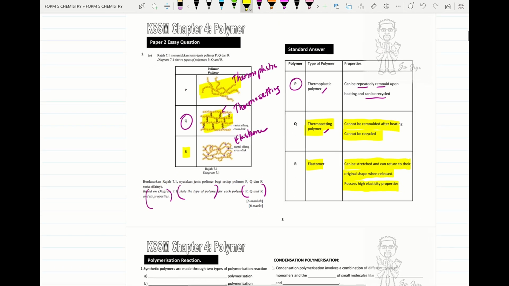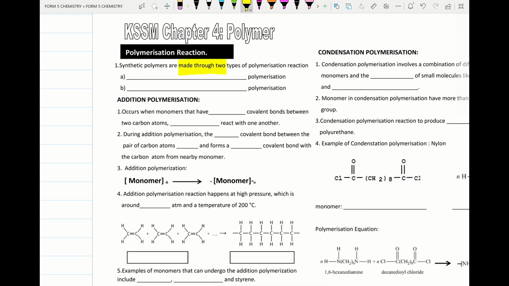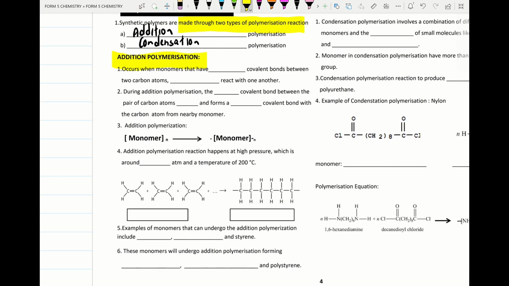Alright, so next we move on to the polymerization reaction. Synthetic polymers are made through two types of polymerization reaction. Number one is known as addition polymerization. Number two is known as condensation polymerization. Addition polymerization reaction occurs when the monomers that have a double covalent bond between the carbon atoms, C double bond C, react with one another.